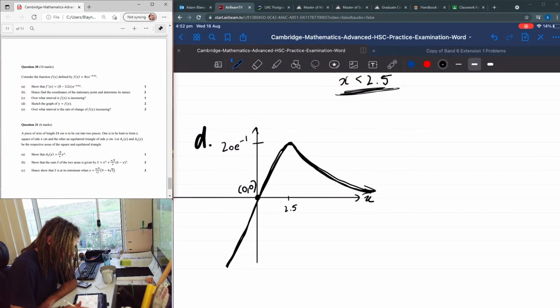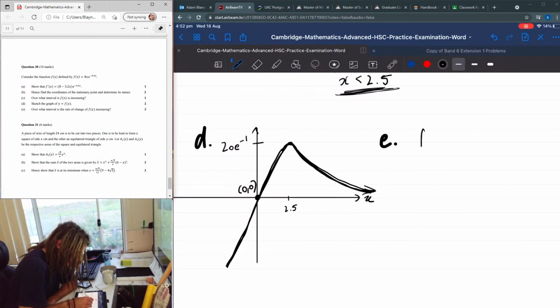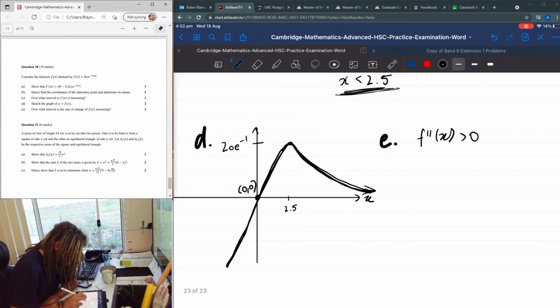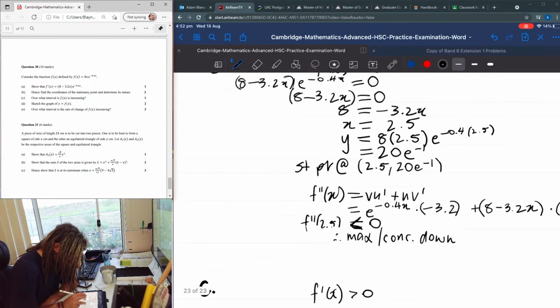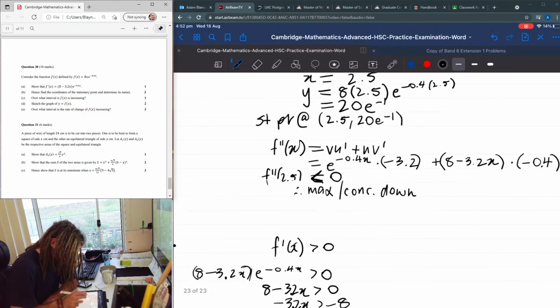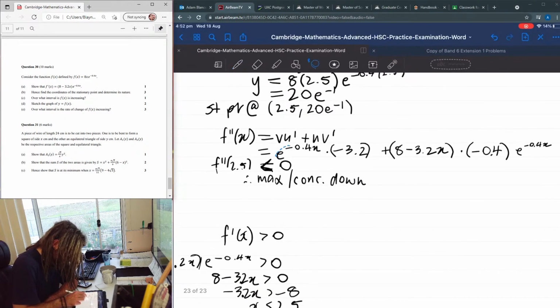When the original function is increasing, that's asking about the derivative. So if you're asking when the derivative is increasing, you're asking about the second derivative. So I want to know when this is greater than 0. I had the second derivative somewhere. Okay, it was this thing.